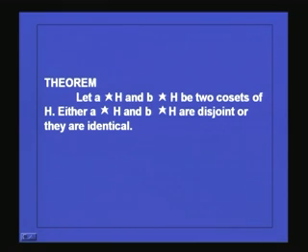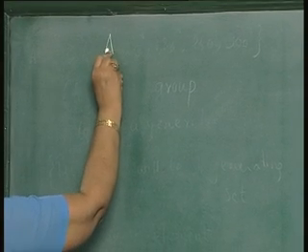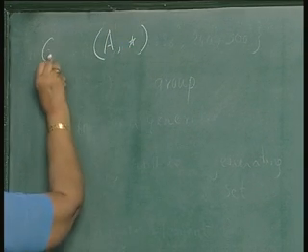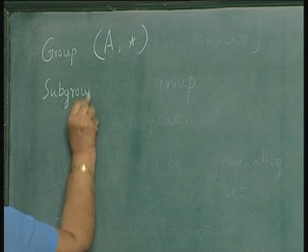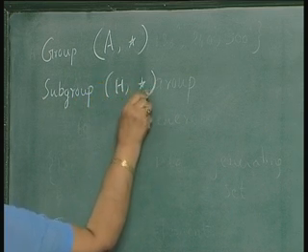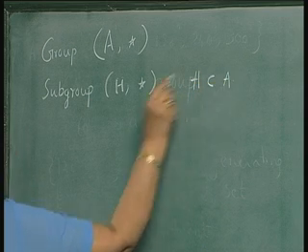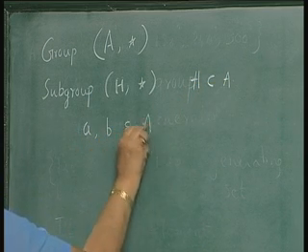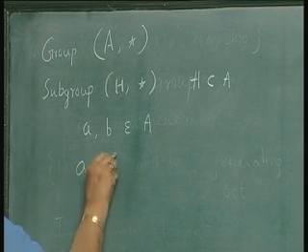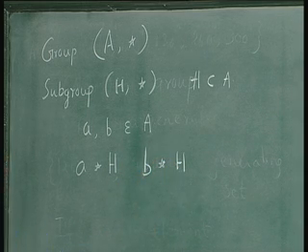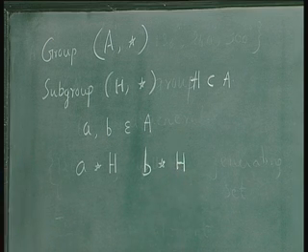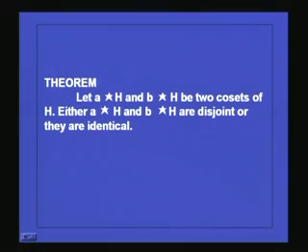That is, you are considering a group (A, star) and a subgroup (H, star) with respect to the same operation, and H is contained in A. Now, a and b are two elements belonging to A. Now, we are considering a star H and b star H. These two are either disjoint or they are identical.